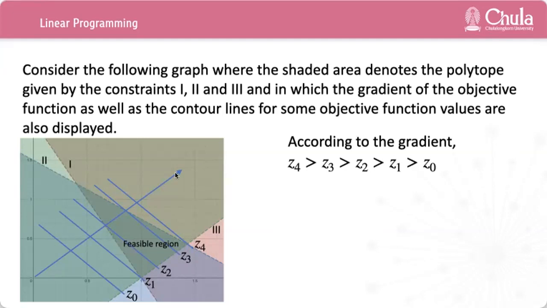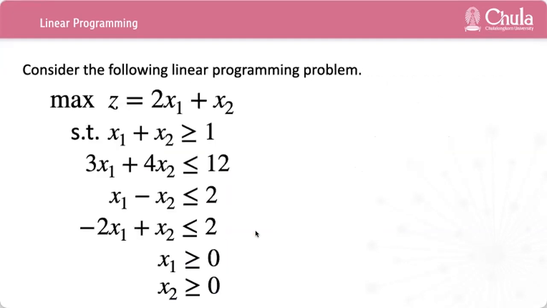And if we want to minimize it, we move this way. We stop somewhere here because it's the last point where we remain inside the feasible region. This is the farthest we can move, to the minimum point. Okay, so that's the idea.